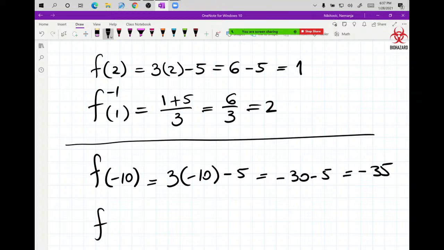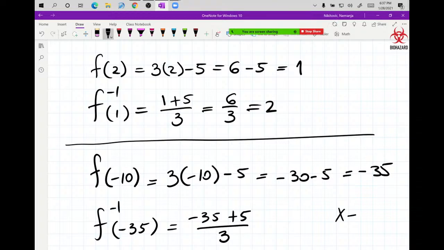Now, if you use the inverse function on that output, you better get that -10. So -35 plus 5 over 3, because your inverse function was x plus 5 over 3, right? If you put your output in the input of the inverse, it should spit out the original -10. So that's going to be -30 over 3, which is -10. Woohoo!